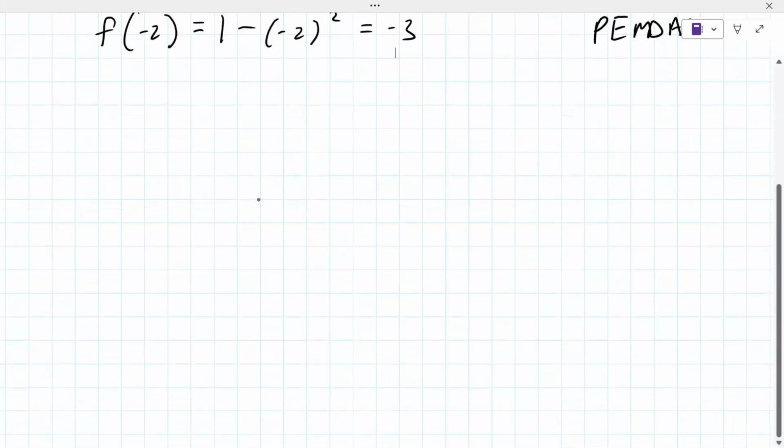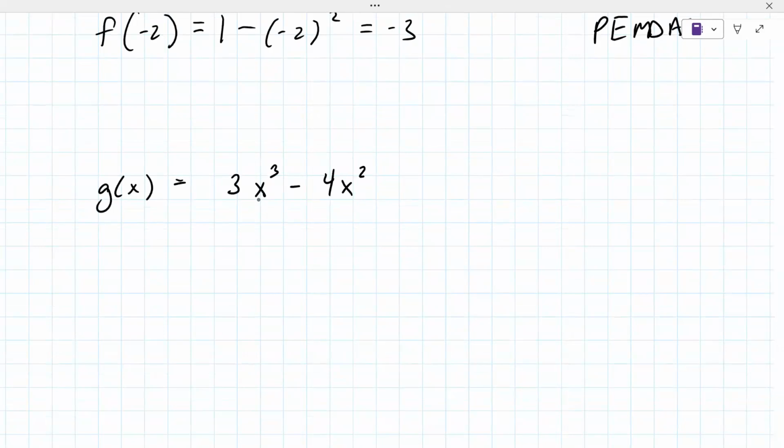So let's do another one here. Let's say g of x is 3x cubed minus 4x squared. What is g of -1? -7.